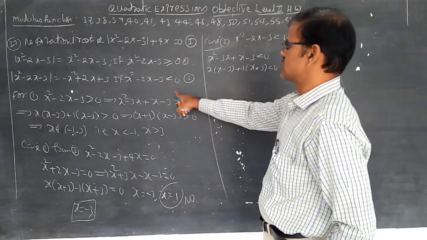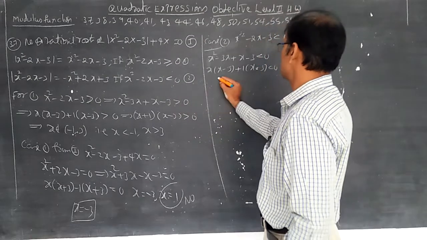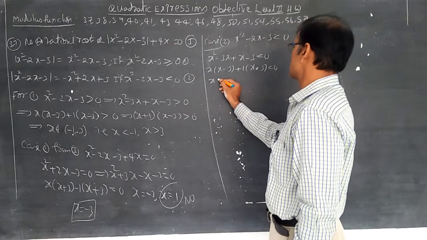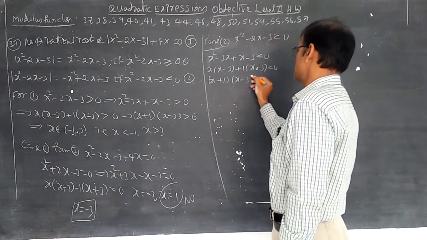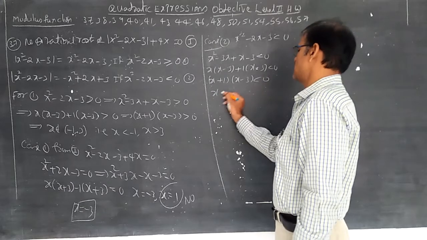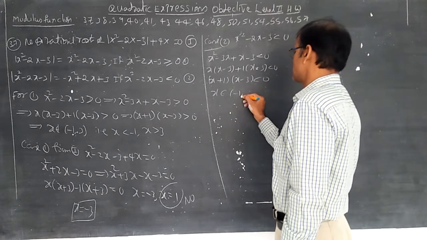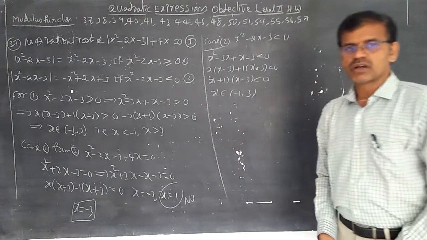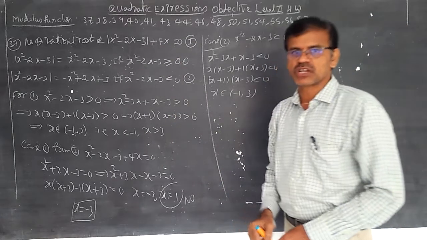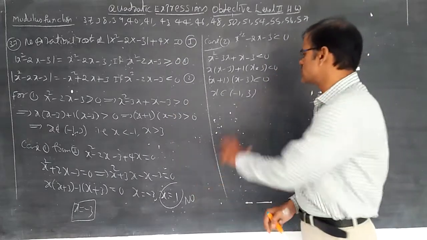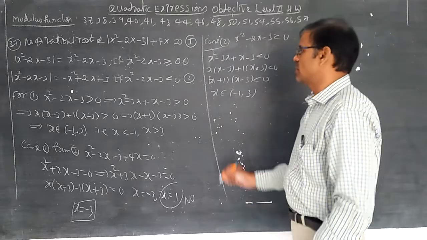So x plus 1 into x minus 3 less than 0. So x belongs to the open interval minus 1 comma 3. Whatever value you take from Roman number 1 for the modulus function, the roots we get should lie between minus 1 and 3.